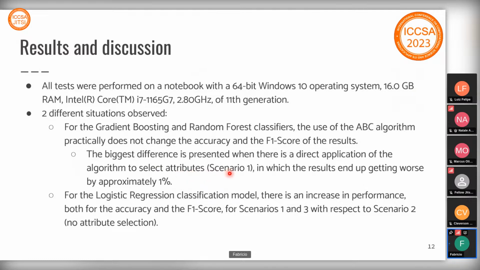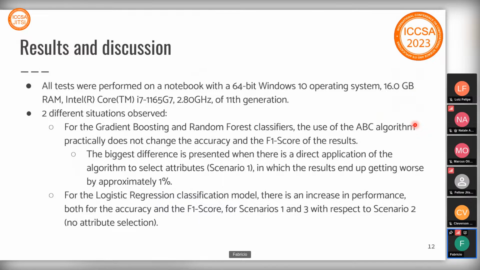This is scenario 1, in which the results end up getting worse by 1%. So here we conclude that there isn't much difference, but we can use feature selection to decrease the complexity for the classifier, possibly taking less time to train.